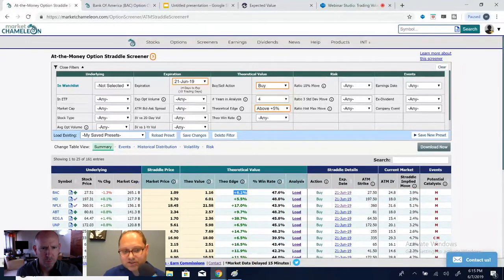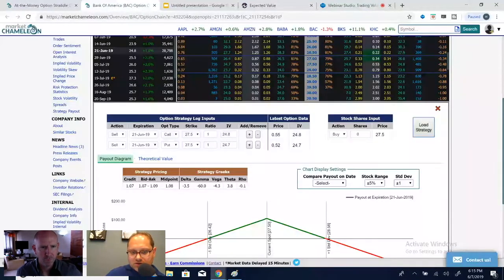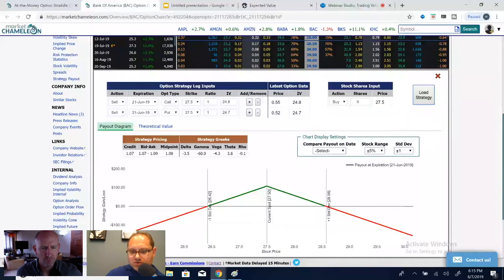The other thing I forgot to mention is when you look at a straddle, it's the market's prediction of a one standard deviation move up or down. So that's like a 2 standard deviation move: 1 standard deviation up, 1 standard deviation down.